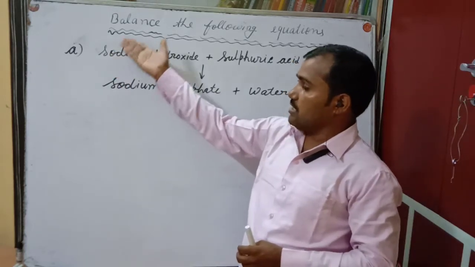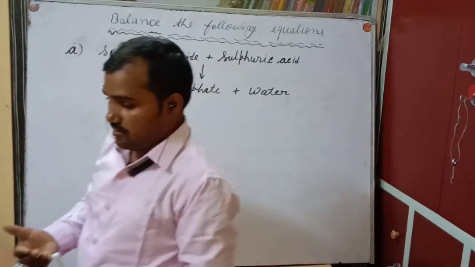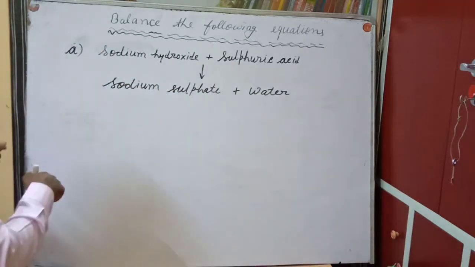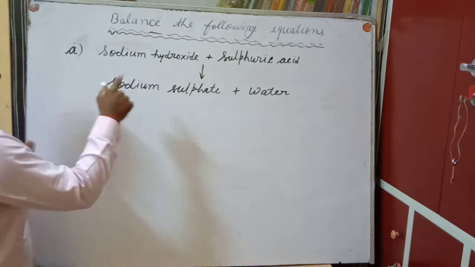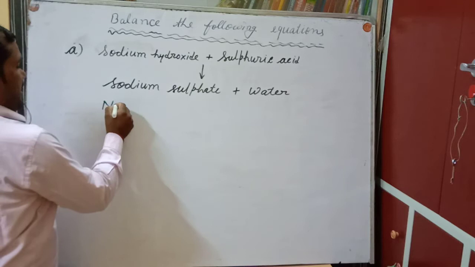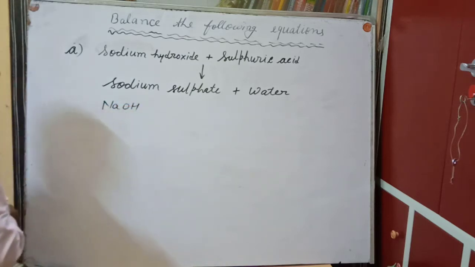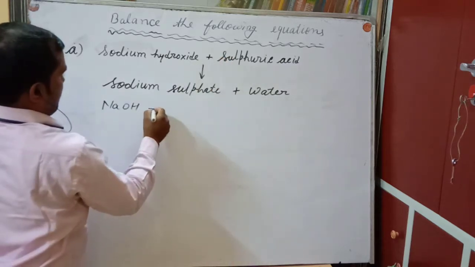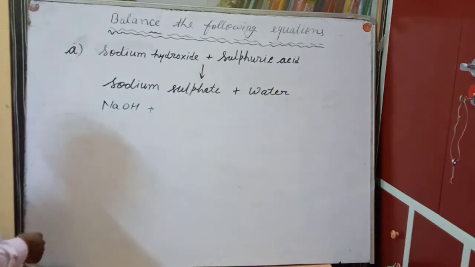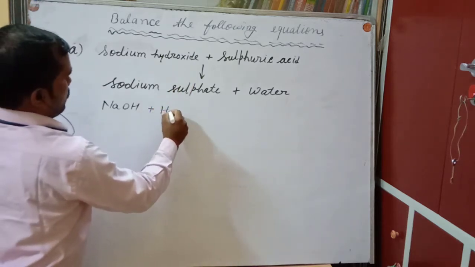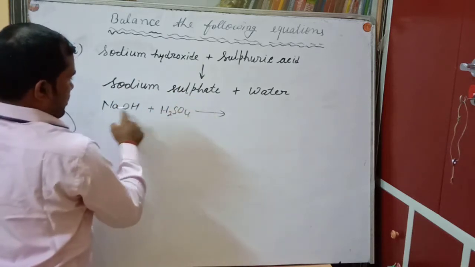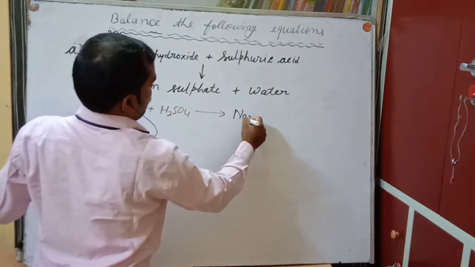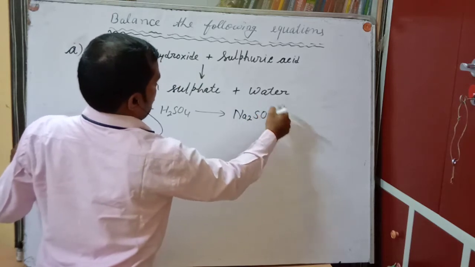Now this word equation we can represent in terms of symbols. How can we represent sodium hydroxide? Sodium hydroxide, NaOH, reacts with sulfuric acid, that is H2SO4, and gives out sodium sulfate, Na2SO4, plus water.